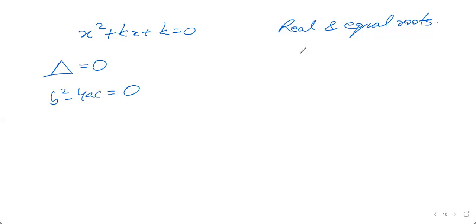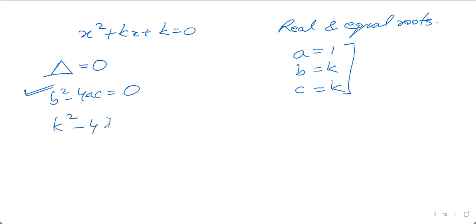That means we need to find out a, b, and c of this equation. A is 1, B is k, C is also k. Now we put these 3 values in this equation. B square is k square minus 4, A is 1, C is k equals to 0.